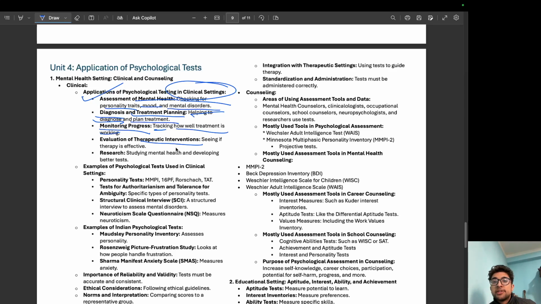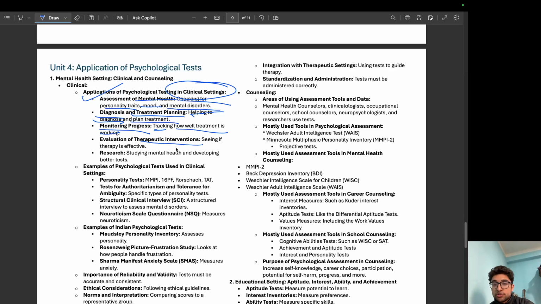We'll also use aptitude tests. Aptitude measures potential to learn, your potential to become successful at a particular thing. So we can use aptitude tests as well for career counseling, like the Differential Aptitude Test. Then we can also look at values. What do you value? What things do you value? Including the Work Values Inventory.